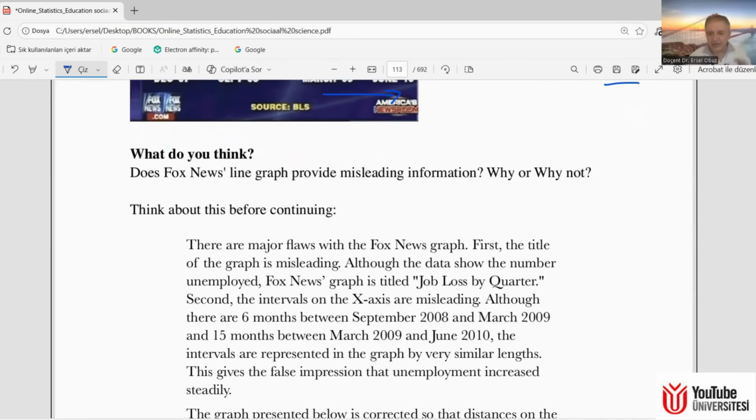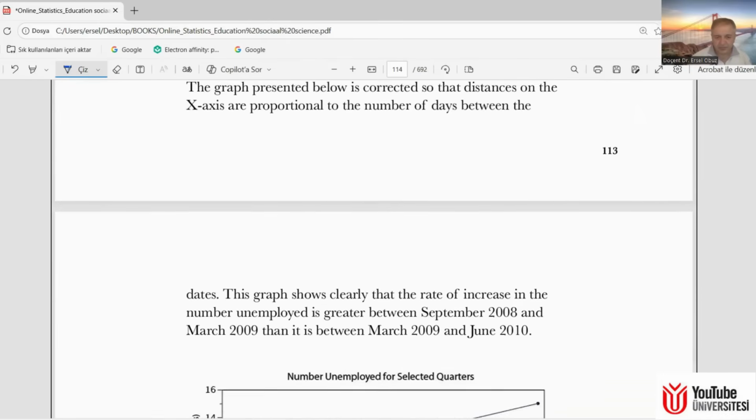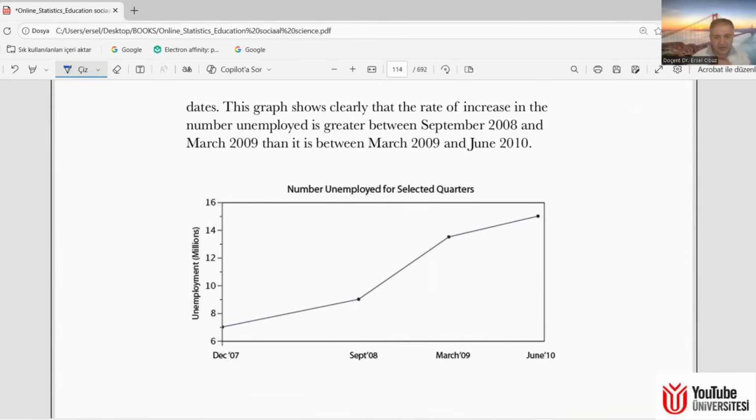So intervals, right, their lengths are not the same. So you will have a false impression. So we should really be careful, you know, when we look at the data. Number of unemployed for selected quarters like December, September, March, and June. This is number of employed people. Unemployed people, I'm sorry.